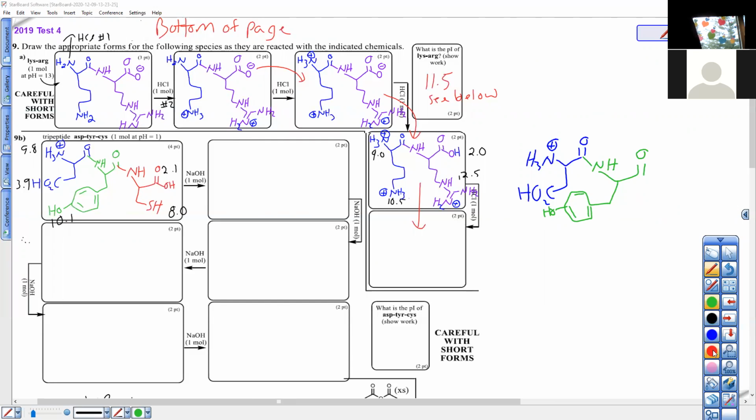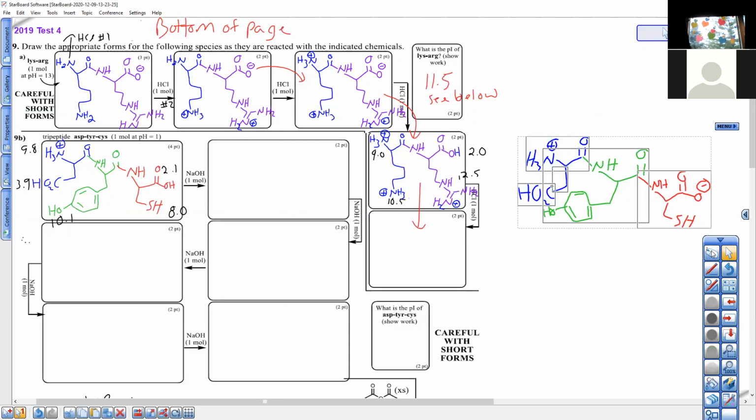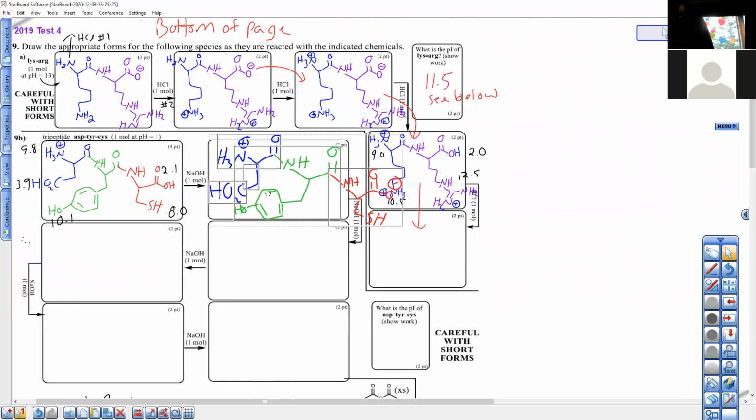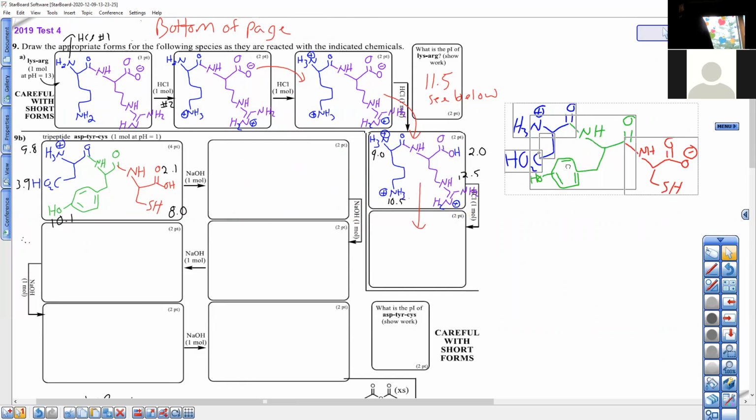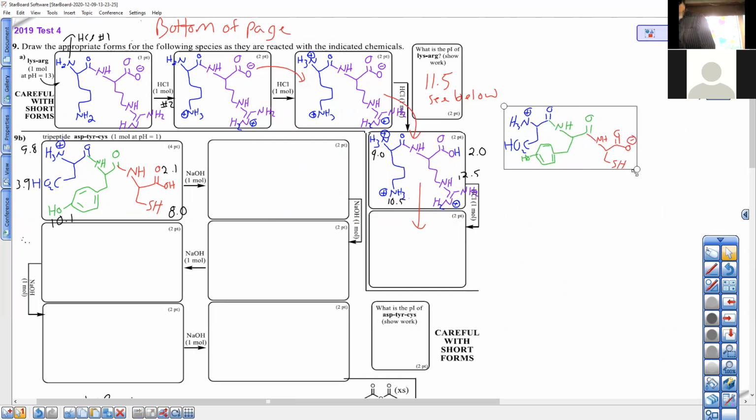And that goes to NH. COO minus. SH. It's not going to fit in the box, and I can't shrink it. It's whiteout time, so I can shrink it.